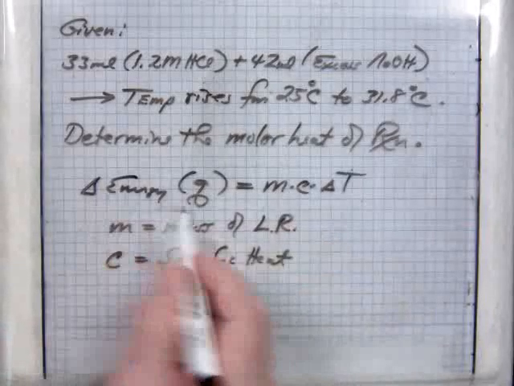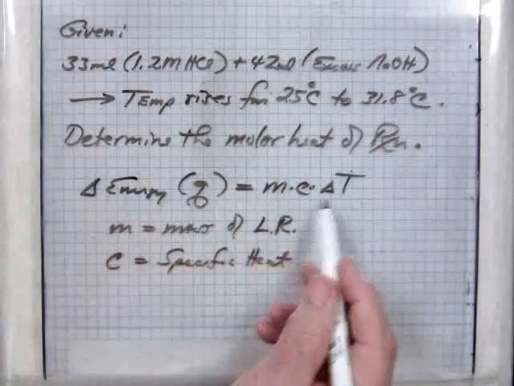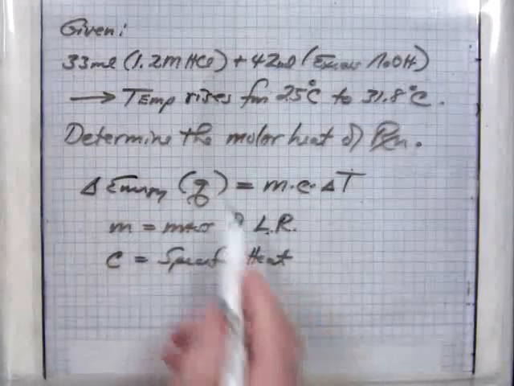Okay. Energy is equal to Q equals MC delta T. Then M is mass of the limiting reagent out of the reaction.